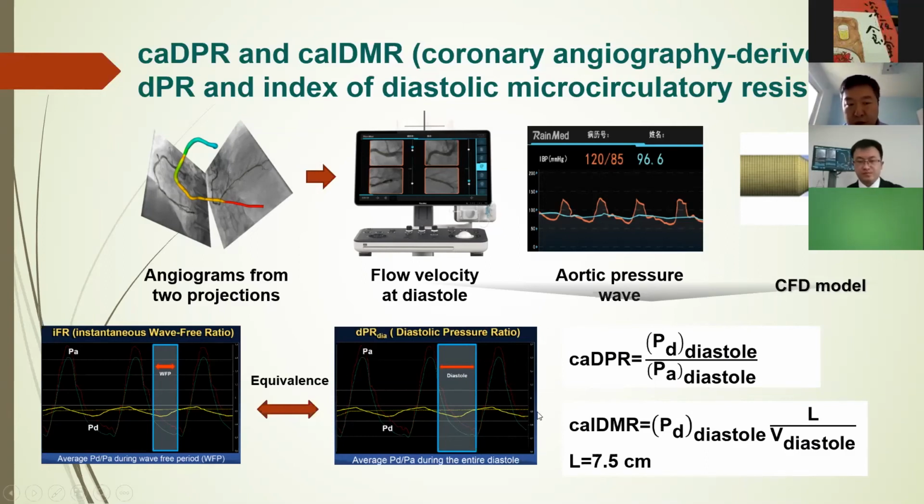Using these two parameters, we can get resting physiological parameters very similar to the pressure wire measured IFR, the pressure wire measured DPR, or the pressure wire measured RFR.